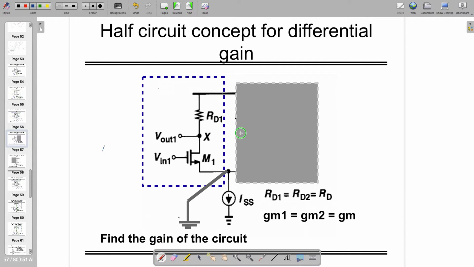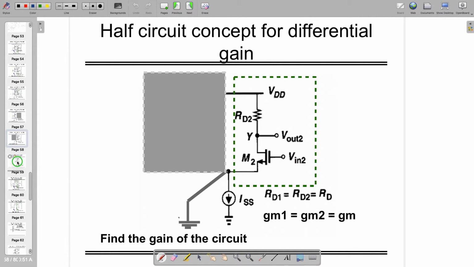So this is known as the half circuit, where you're keeping one circuit closed and finding out V in with respect to V out, and again you are doing it for the other circuit and finding out what V out is in terms of V in.